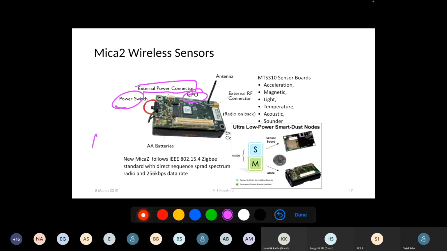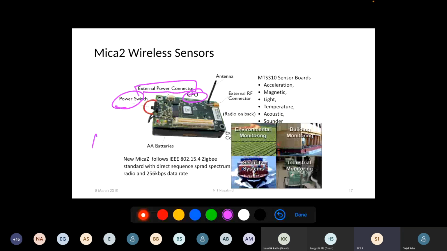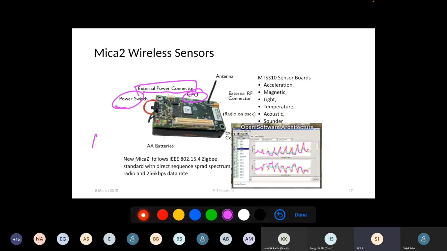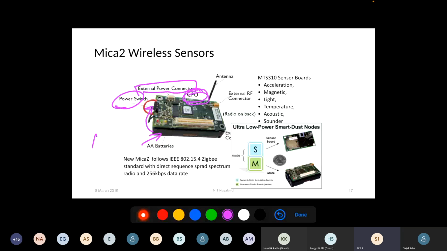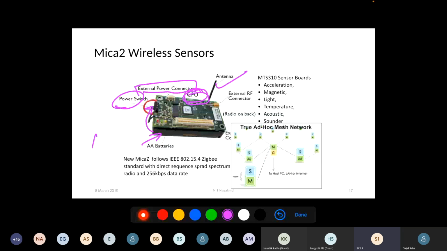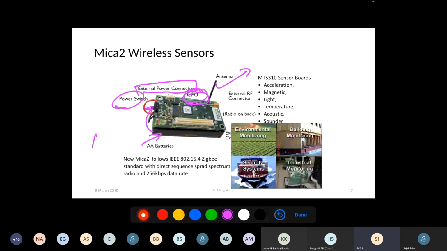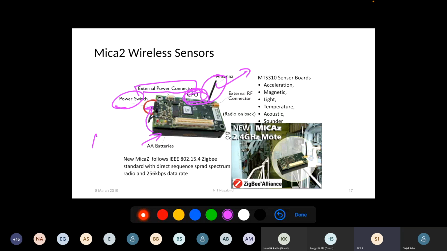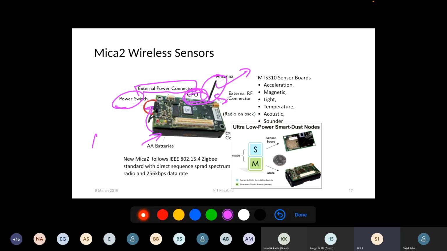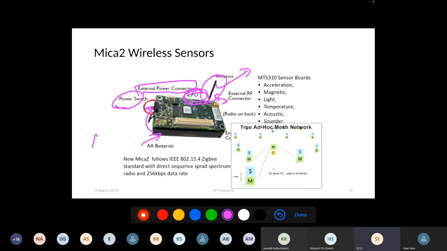Okay. So if you look at this, this is the power unit and this is the power connector switch, and this is your processor and this is your transceiver. And one transceiver should also be there. Transceiver means what? Transmitter plus receiver. So this antenna will act as the transmitter plus receiver, and this is the external radio frequency connector, which will take the radio frequency.